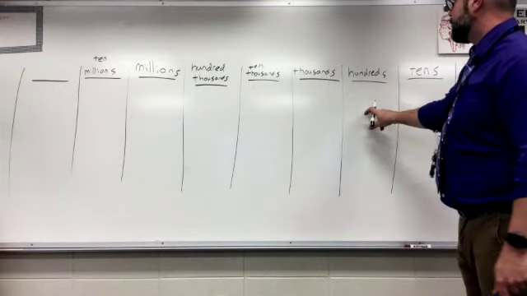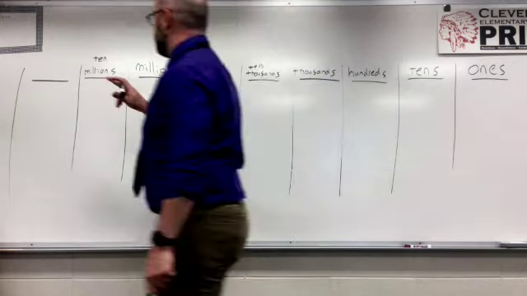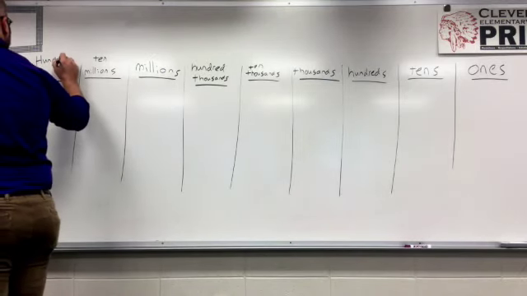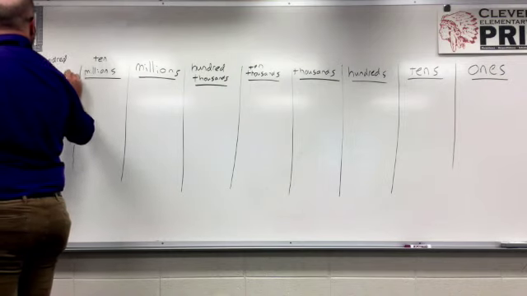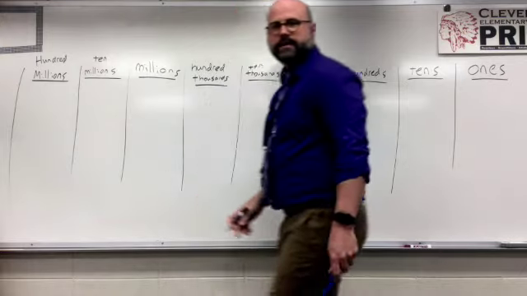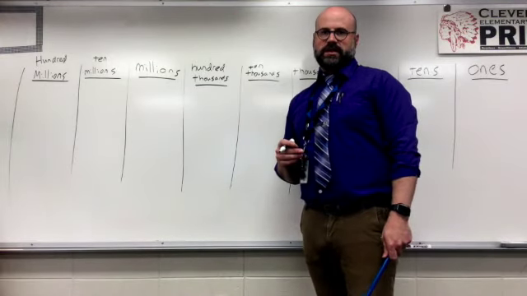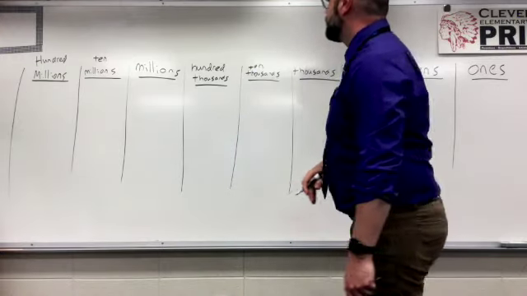Notice how every third one has what in it? 100 millions, right? So that would be 100 millions. As a bonus, what do you think would be next? Billions. Yes, it would be billions.